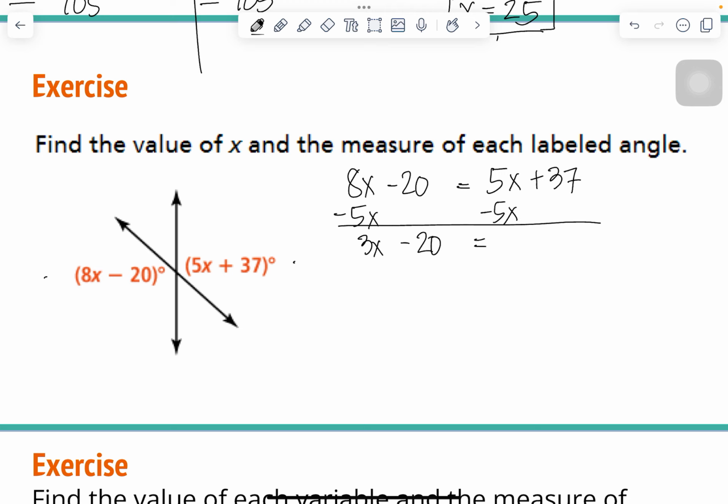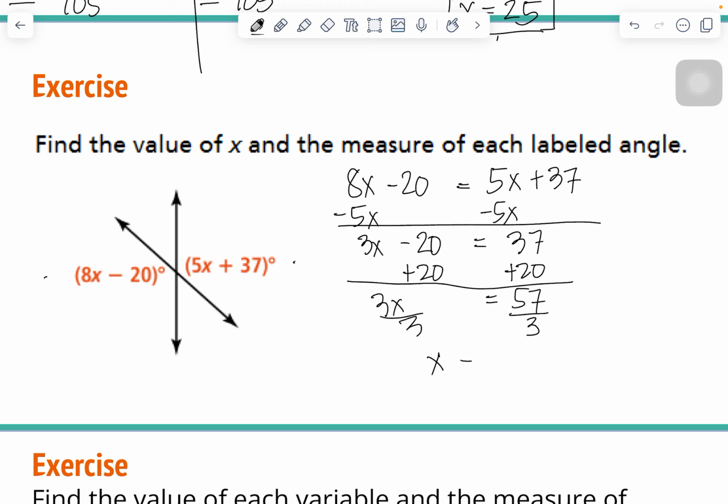And that is 0. 5x minus 5x is 0, and bring down 37. And then add both sides by 20. So that gives you 3x and then 57. And then divided by 3. And so x is equal to 19.